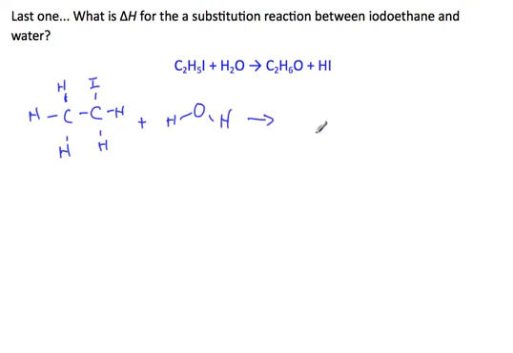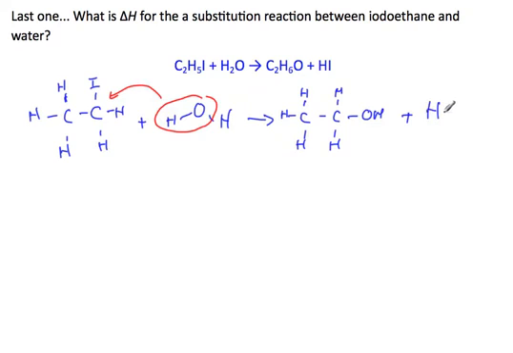Yields. So that substitution reaction yields an alcohol, right? I'm going to substitute my hydroxyl group onto that carbon. And so I get this ethanol plus hydrogen iodide. So now I have all my bonds.